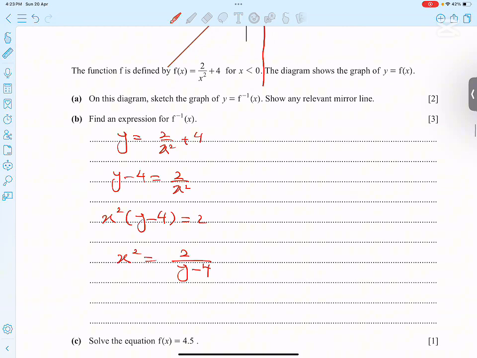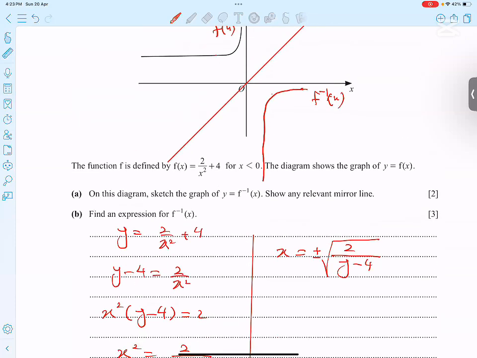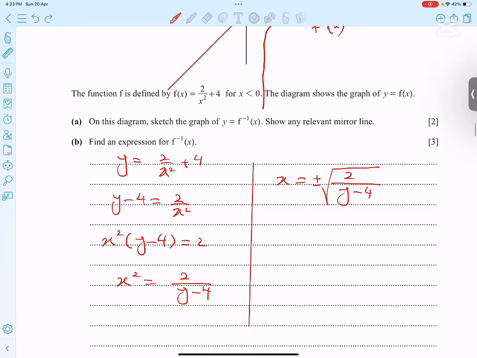Afterwards, I will take a root. Okay. When I take the root of both sides, we get the root of y minus 4. Outside, naturally, plus and minus will come. But as you know, students, this is less than 0. So we are going to the left side. And I discussed that whenever the left side comes, we have to put a negative sign.